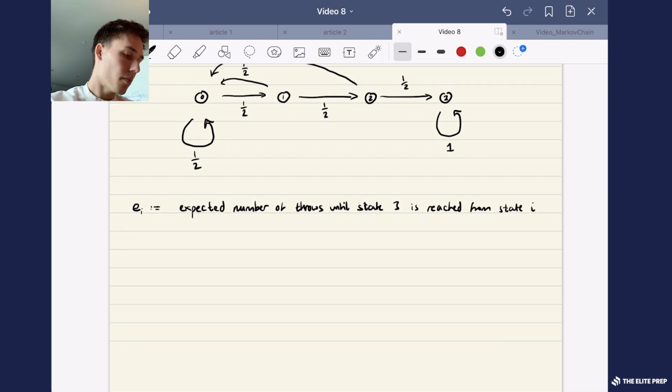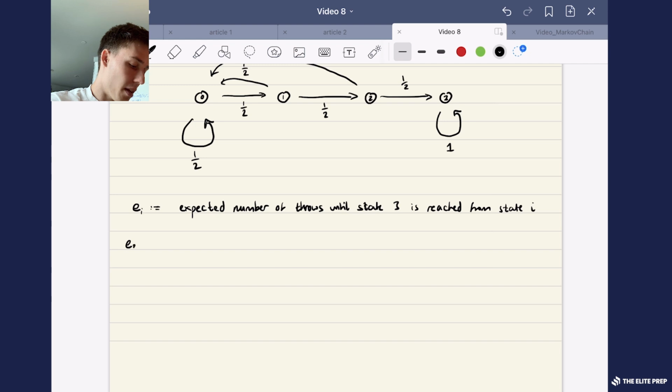Then we can start computing each of E3, E2, E1, and E0 in terms of the states which it transitions to.